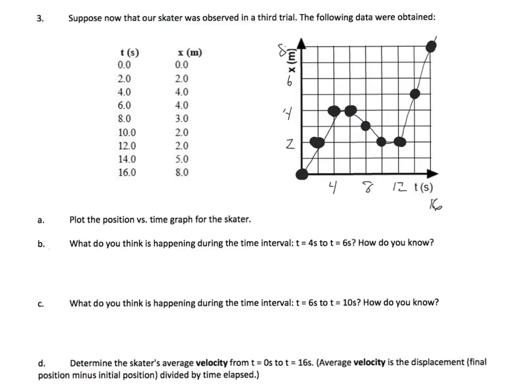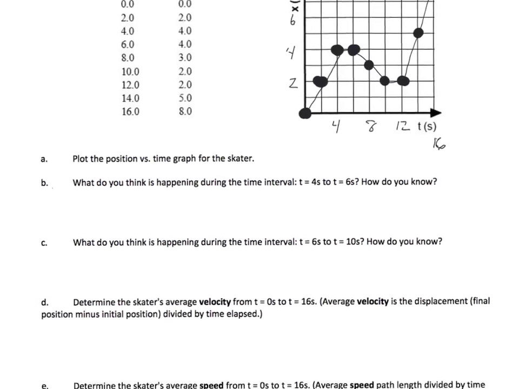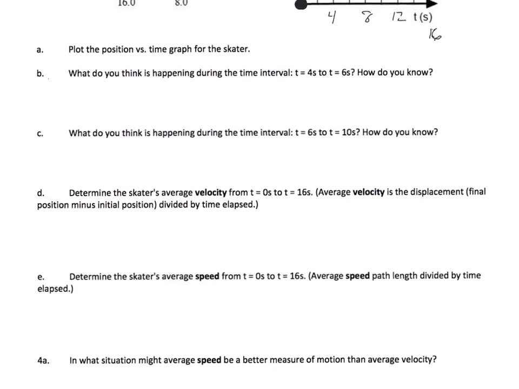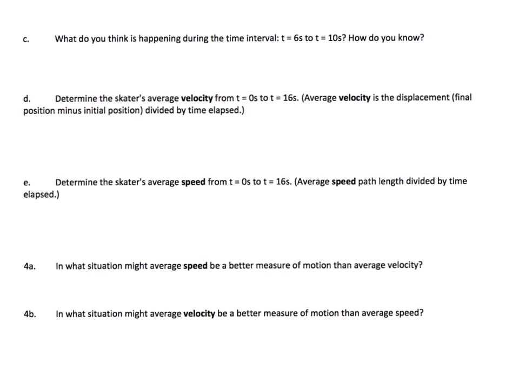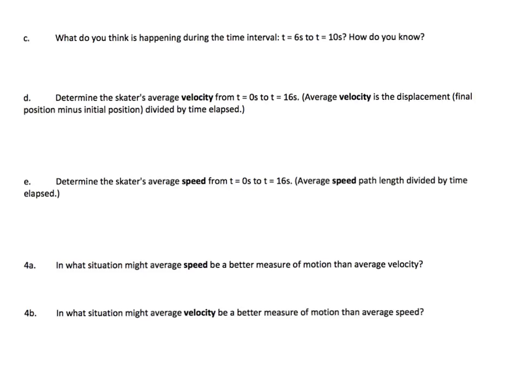We've got 2 different calculations we're going to be doing here, looking at D and E, and then that leads into question 4. Determine the velocity, remembering that velocity is displacement divided by time, and then speed. So 2 words that so many people use as interchangeable, but aren't really the exact same.